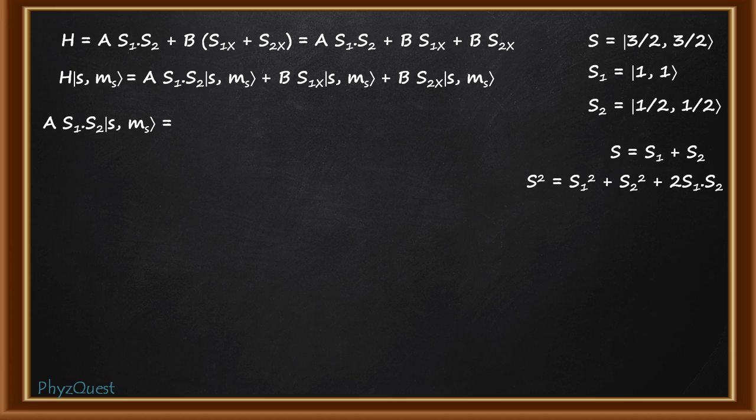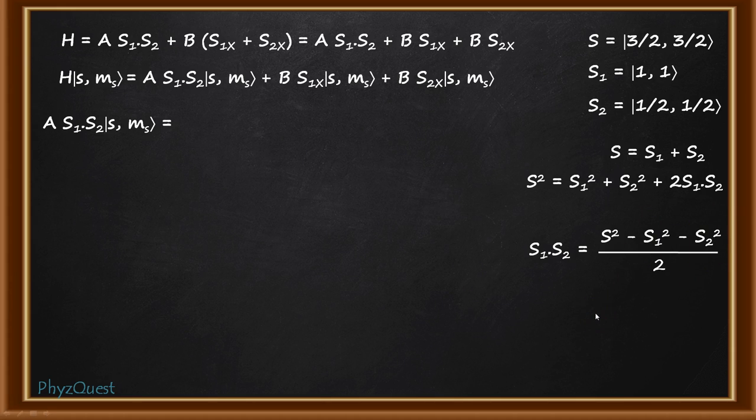From this we can write the expression for S1 dot S2, which is equal to S square minus S1 square minus S2 square, divided by 2. Instead of S1 dot S2 we will use this expression.